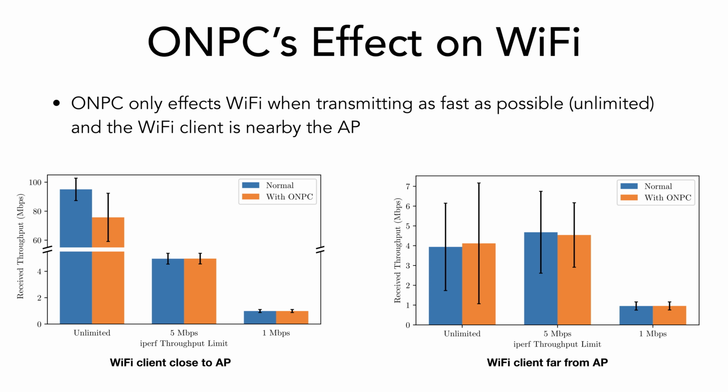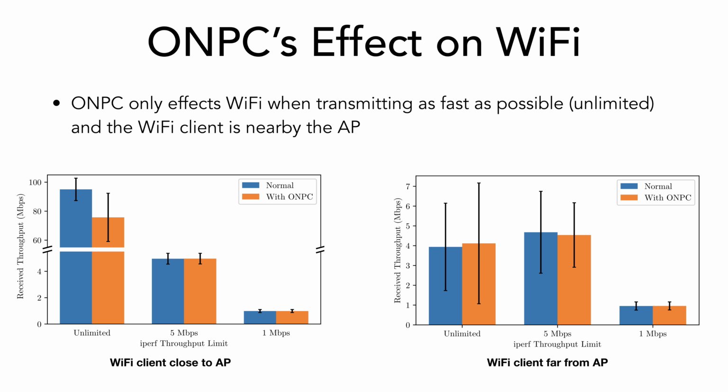Last, we want to see, well, we're sending out a lot of Wi-Fi frames. How is this going to affect normal Wi-Fi communication? And we found it actually only affects Wi-Fi in very specific cases. In lots of other cases it doesn't. So we had 2 setups here. We had an access point, and we had an ONPC transmitter transmitting ONPC from far away, on the edge of Wi-Fi connectivity. So that's our common setup.